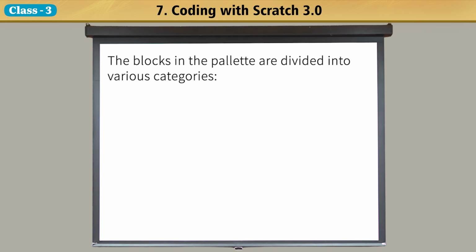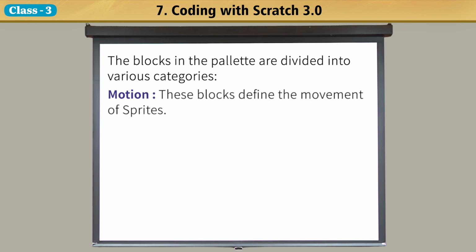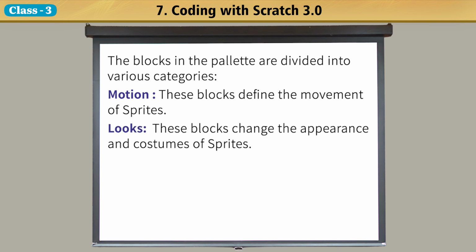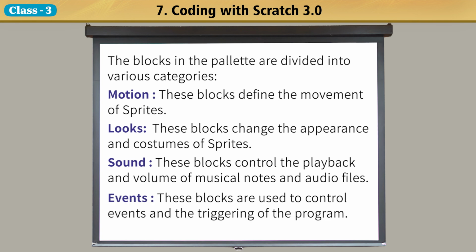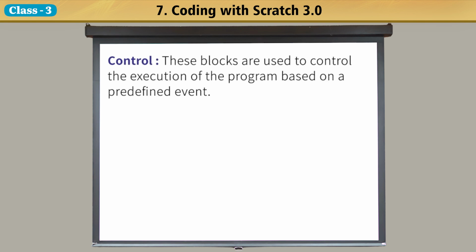The blocks in the palette are divided into various categories. Motion. These blocks define the movement of sprites. Looks. These blocks change the appearance and costumes of sprites. Sound. These blocks control the playback and volume of musical notes and audio files. Events. These blocks are used to control events and the triggering of the program. Control.